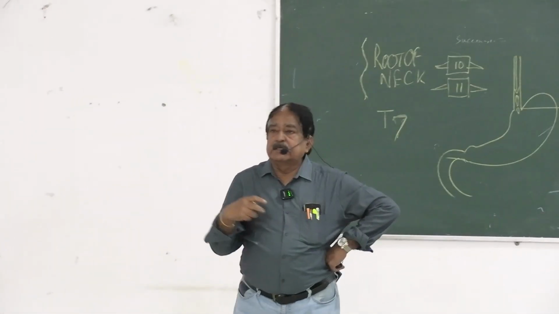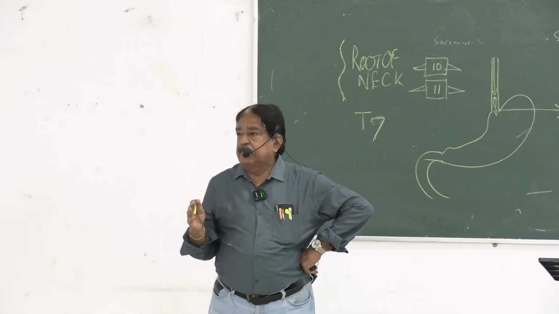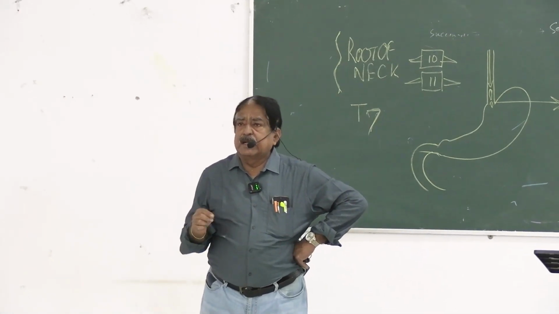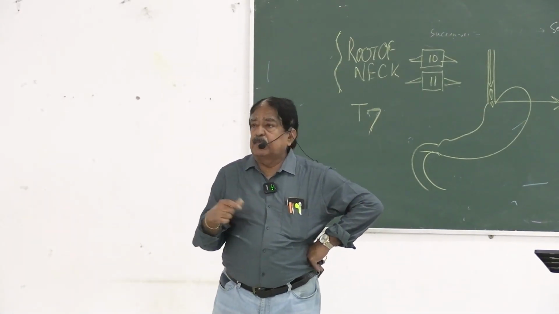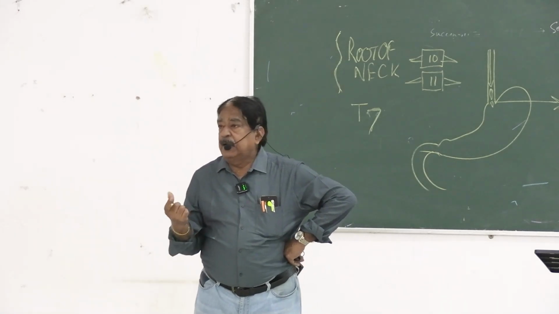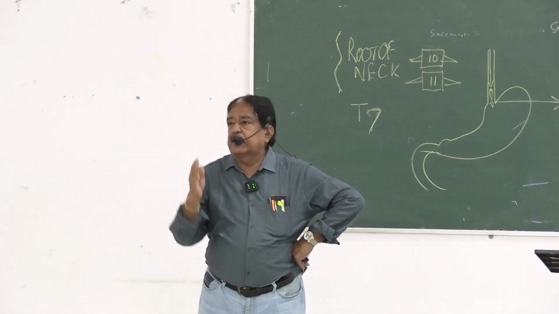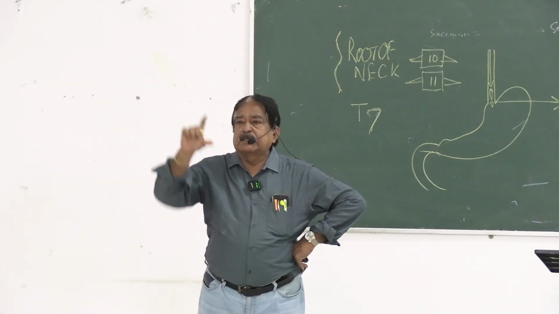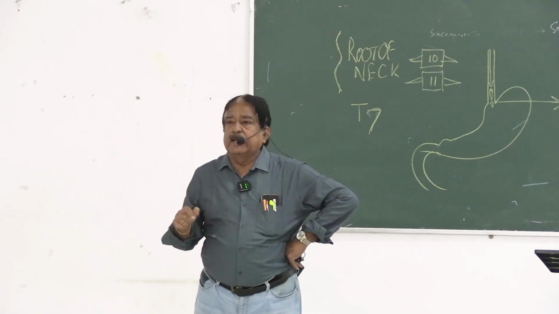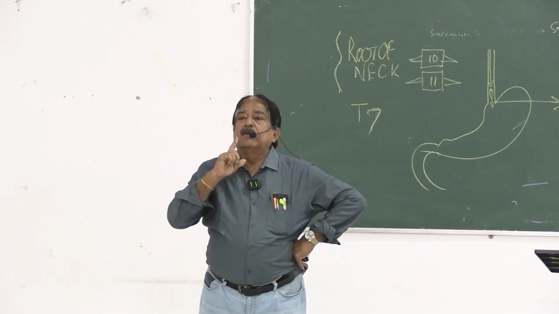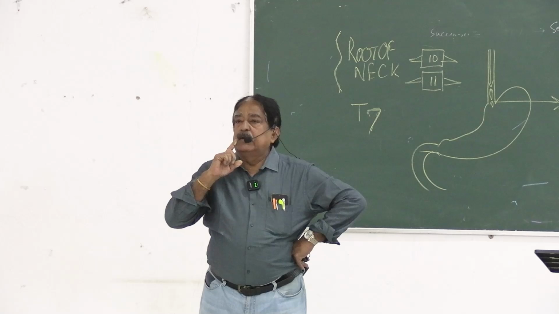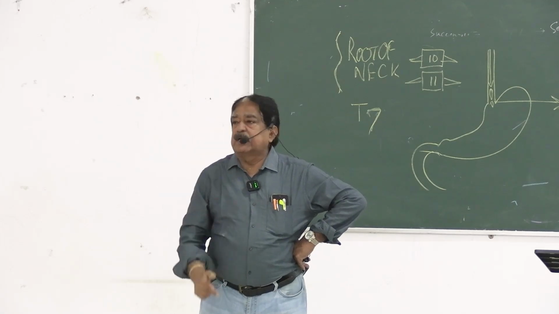Now you have answered 3 questions, and you are now stuck at a place. So you just try to figure out, remember what the relations of the esophagus will be. It has to come from the pharynx and it goes down.